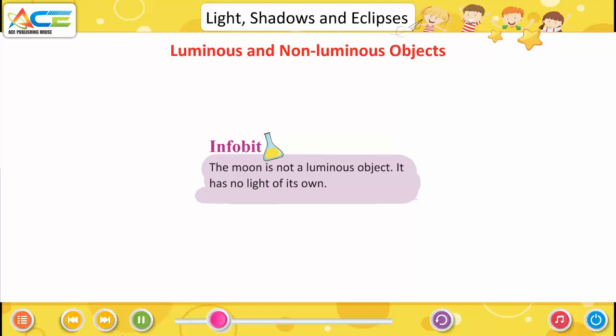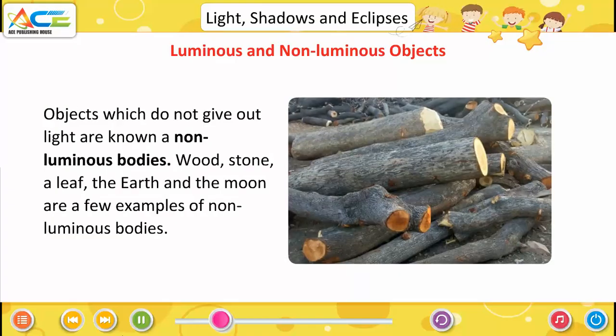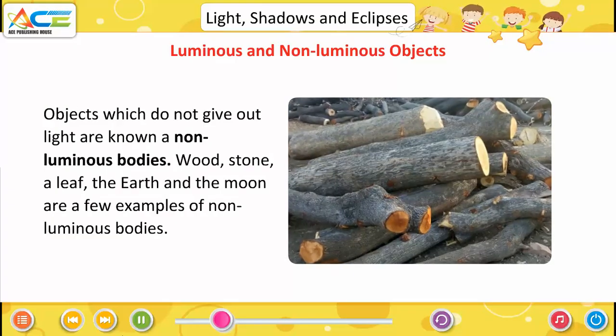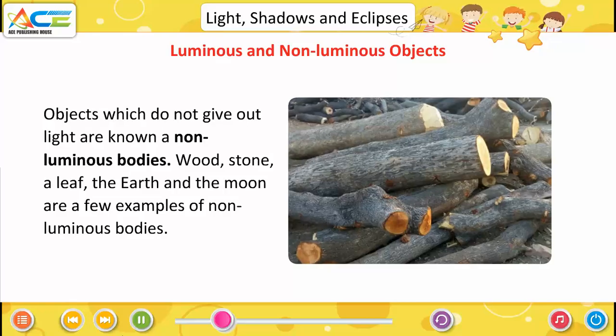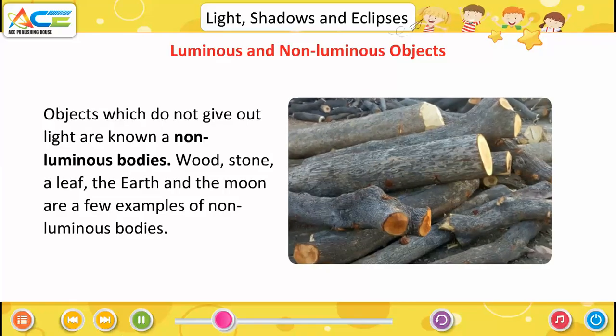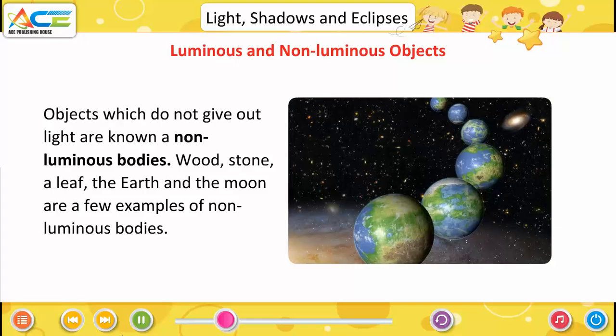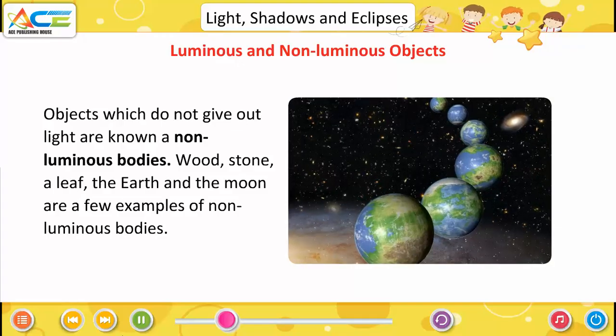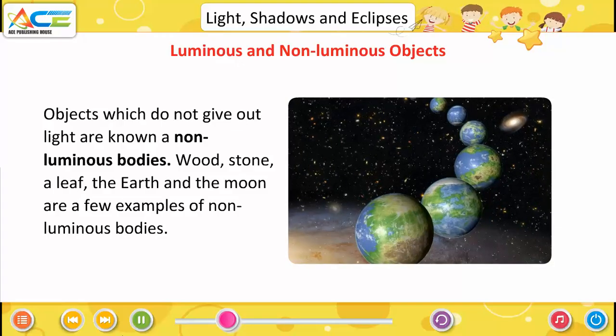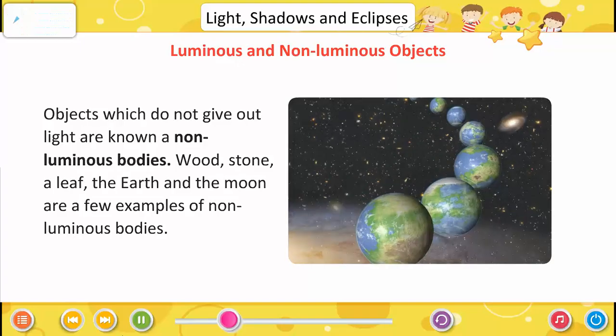It has no light of its own. Objects which do not give out light are known as non-luminous bodies. Wood, stone, a leaf, the earth, and the moon are a few examples of non-luminous bodies.